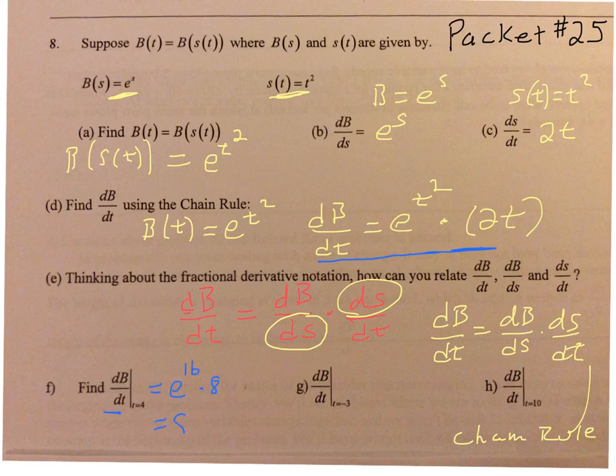Usually we have the constant in front, so 8 times e to the 16th. Likewise, I could put in the -3, and I'd end up with -6 e to the 9th. Same idea on h.